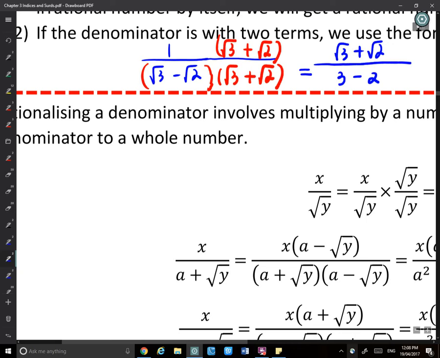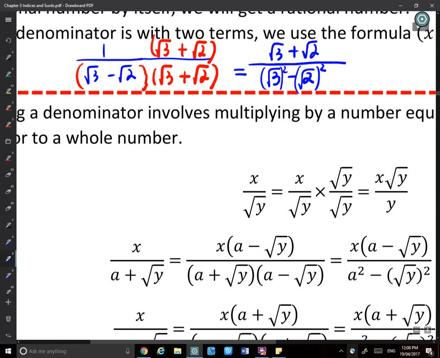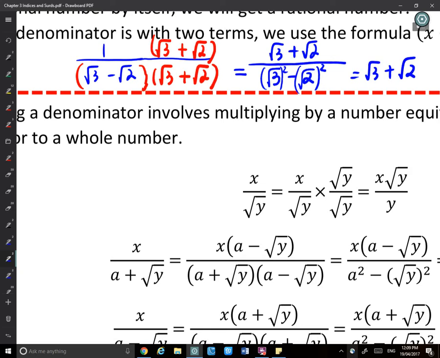That is 3 minus 2. Basically it's root 3 squared minus root 2 squared, a squared minus b squared. And that just gives you root 3 plus root 2. If your denominator has more than one term, you use this way to rationalize it.